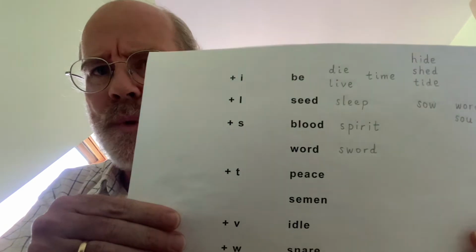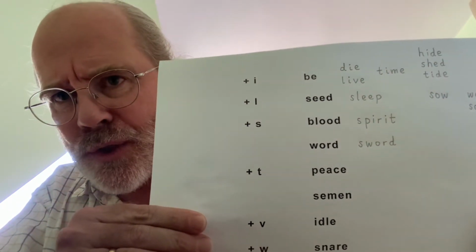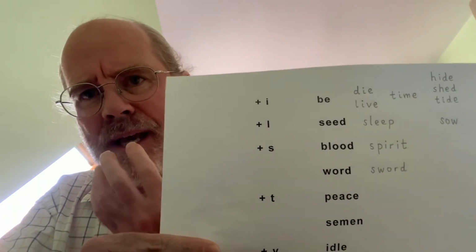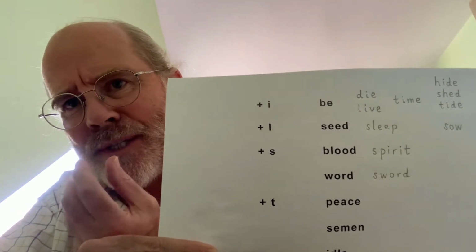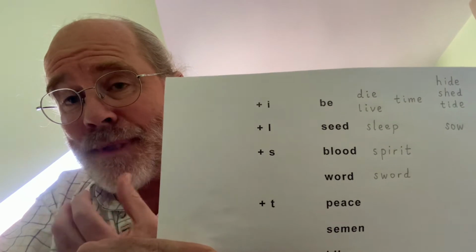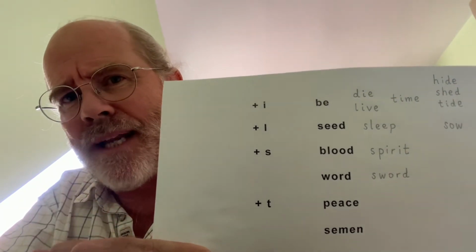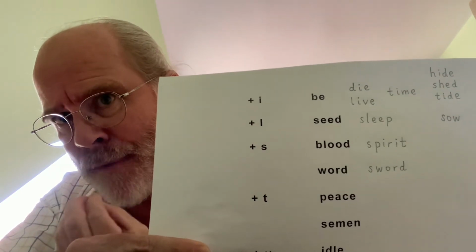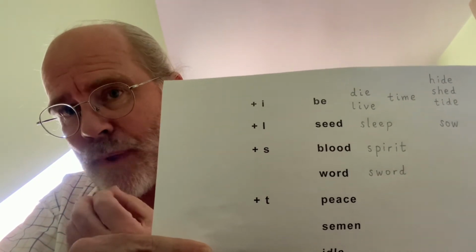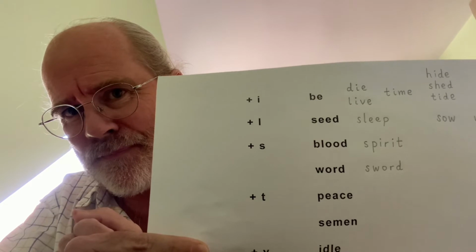And I think this connection is very clear here between word and sword. A word, when it comes out of the mouth, seems to be immaterial, to have no matter, but its effect can be like that of a sword, which is very material, something that we hold.